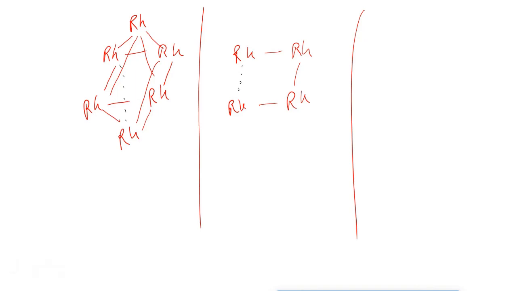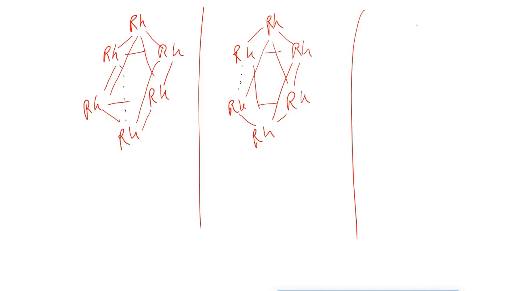Okay, like this rhodium bond can be absent. So I will try to draw the rest of the structure. That is one rhodium above the plane and one rhodium below the plane, and then there will be four rhodium bonds, and here will be four rhodium bonds. So total 11 rhodium bonds.